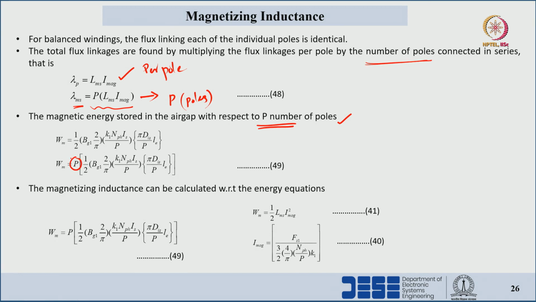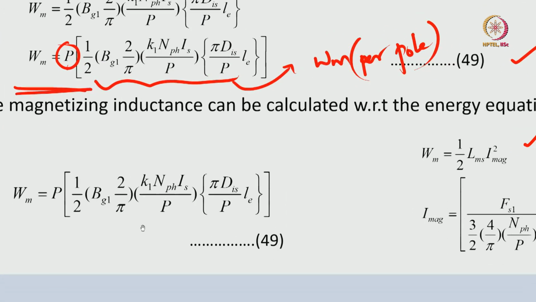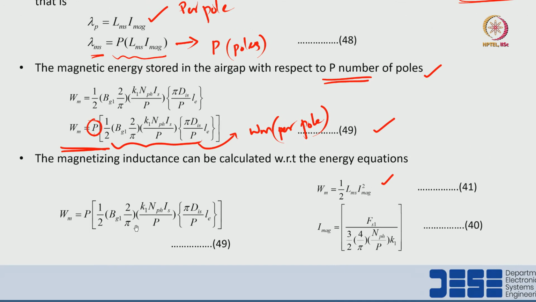So, if we multiply the magnetic energy by the number of poles P, this is the total magnetic energy stored at the air gap, that is Wm equals number of poles into the energy stored per pole, the field energy per pole. Now, by equating the inductance based energy equation and the energy stored at the air gap equation, we can calculate the magnetizing current I magnetizing.